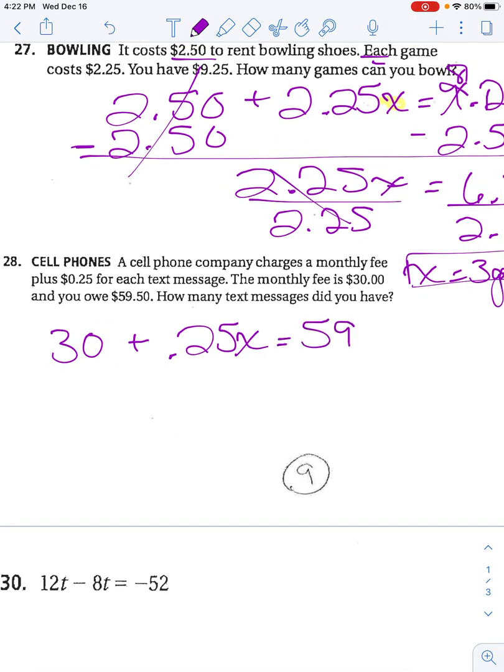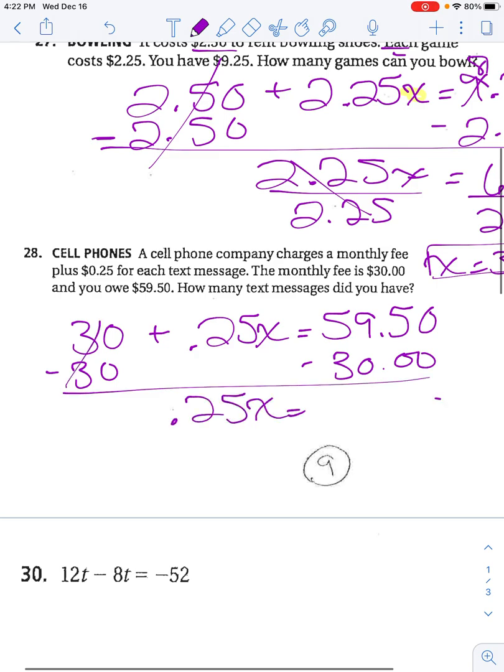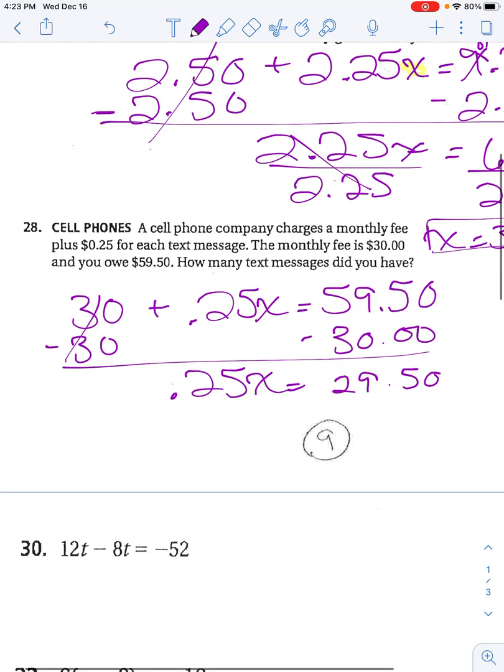You owe $59.50. How many text messages did you have? Okay, so we're going to subtract 30 from both sides to get $29.50, and then divide by your 0.25.